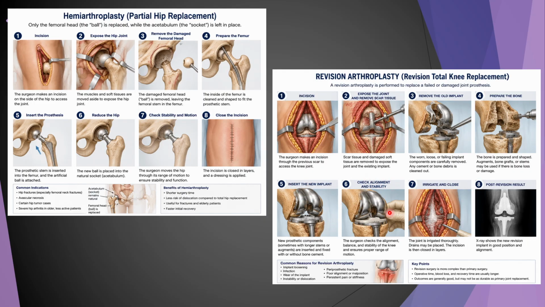Again he checks the alignment and stability, irrigates and closes. For the post-revision result, you can see here the X-ray shows the new revision implant in good position and alignment. So he removes the old implant and places the new implant.